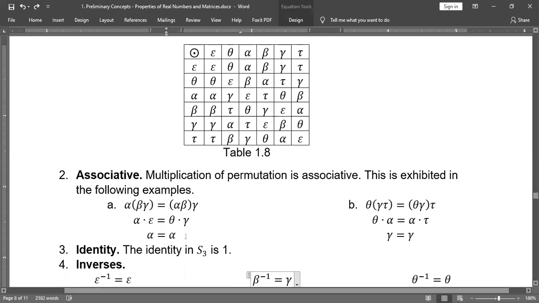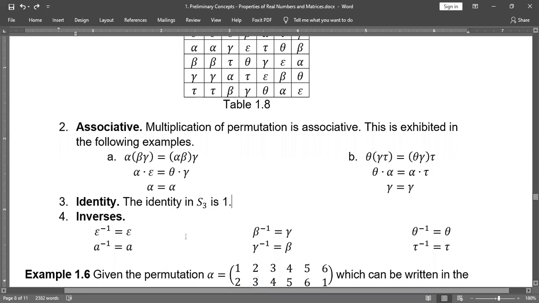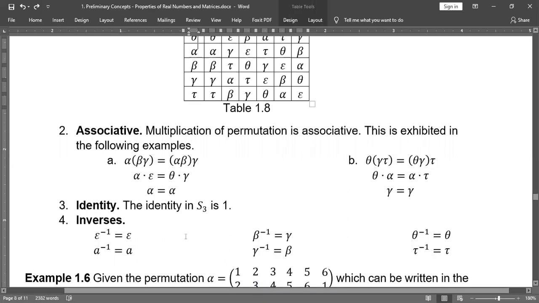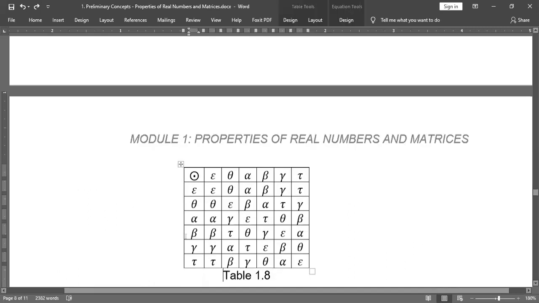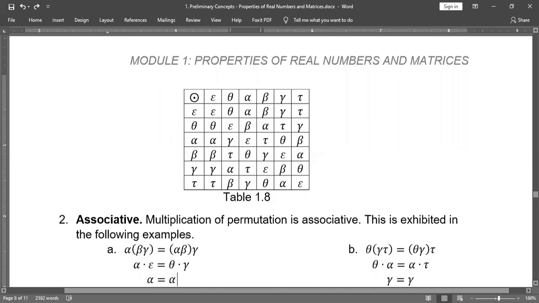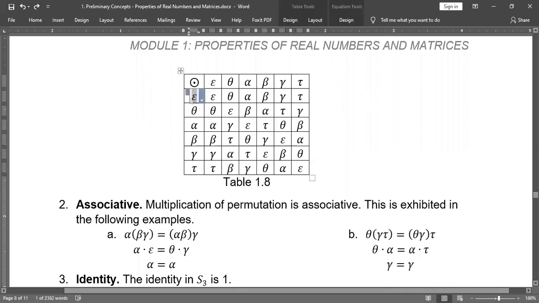And then we have the identity. The identity in S3 is 1. Nasaan ang 1? Hanapin natin sa identity element. Wala man tayong 1 sa table. Identify na lang natin. What must be multiplied to epsilon para bumalik tayo kay epsilon?